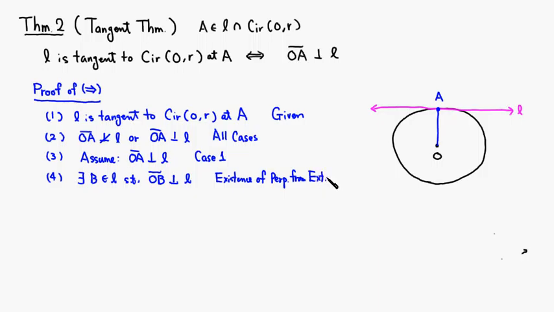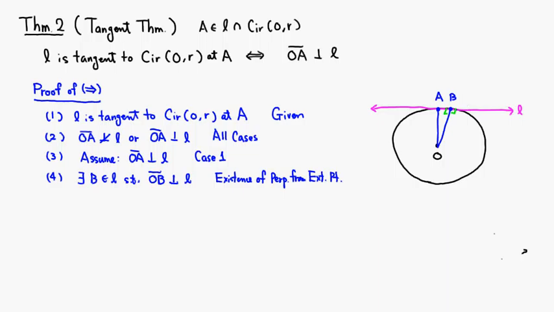In this case, the exterior point is the center O. So we should be able to find another point B here, such that, even though it doesn't look like it, this is going to be perpendicular. So a perpendicular here and a perpendicular there. Maybe I should use a different color. I'll use green here.